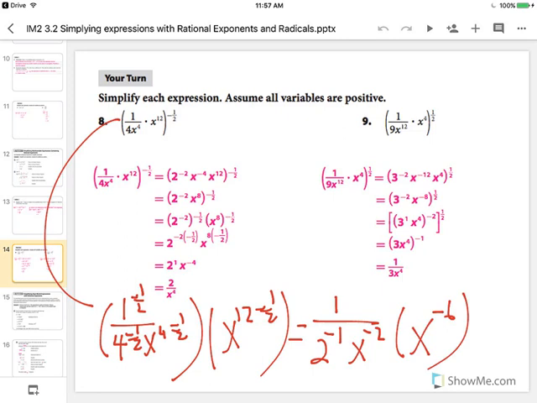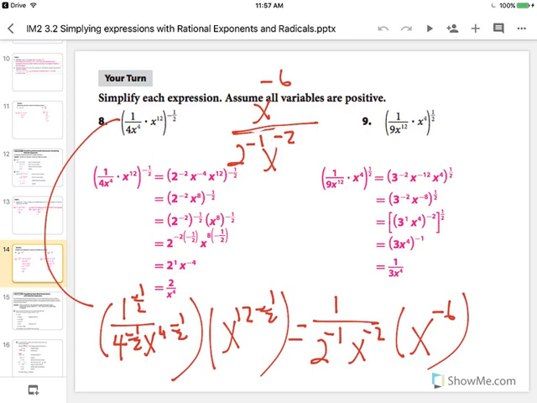And so then we have 1 over 2 to the negative 1, x to the negative 2. Let me change this one so that we have x to the negative 6. So when we're dividing, we're subtracting the exponent.